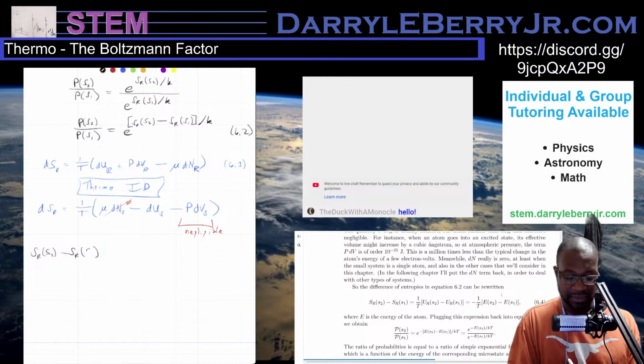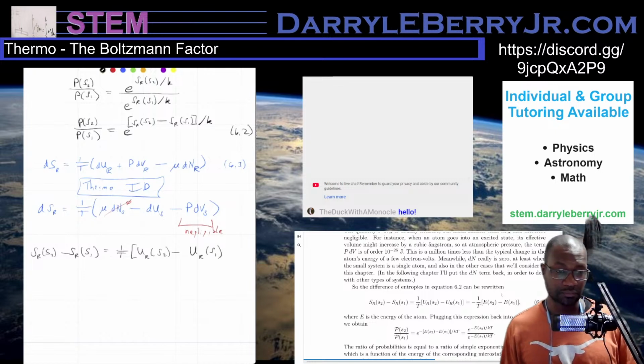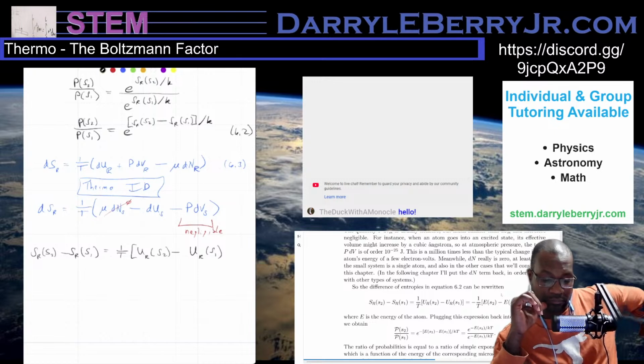And this is from the exponent of the exponential, which is 1 over T times U_R(S2) minus U_R(S1), right?